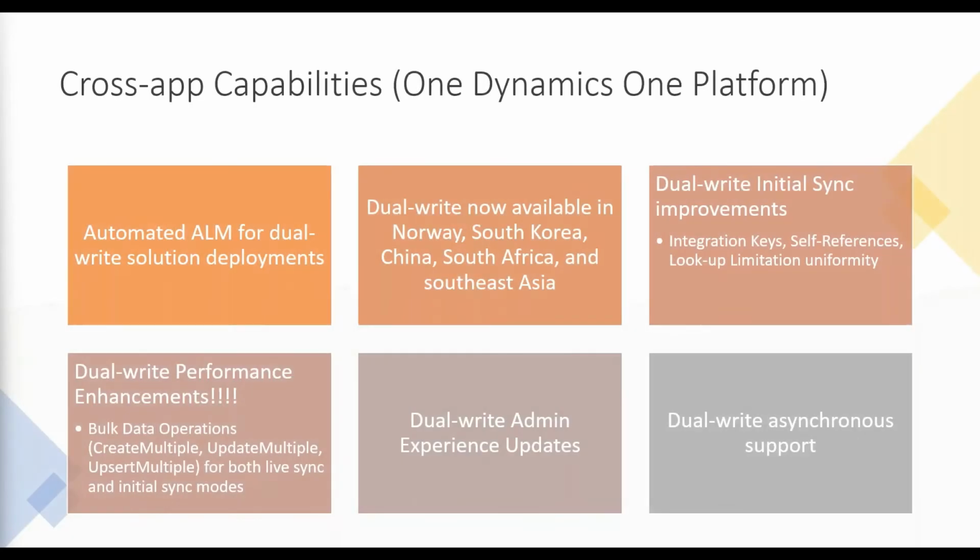With the cross-app capabilities, one of the other big things happening for our platform revolves around the fact that we are becoming a one Dynamics, one platform concept. Longer term, we're going to see a deeper integration with Dataverse within the finance and operations platform.